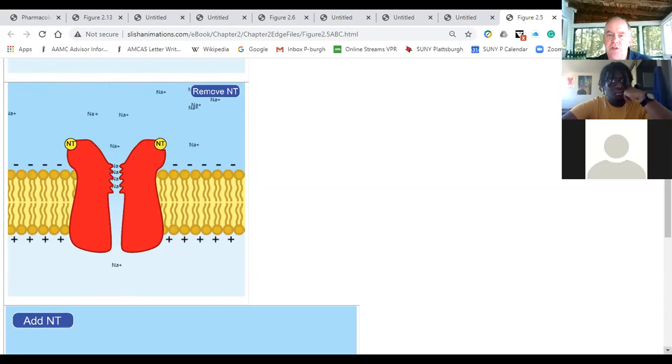The question is, can the direction of these channels change depending on the equilibrium within the membrane? Oh, good question. The answer is yes, but not physiologically. Physiologically, you'll always have sodium high outside and sodium low inside.